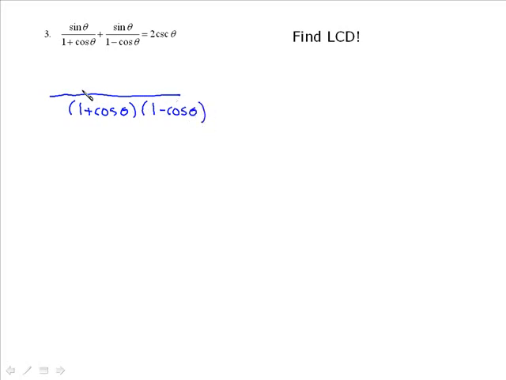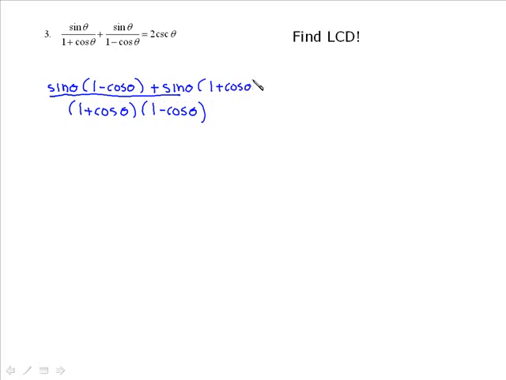Don't FOIL it out, at least not yet. You might want to do it later on, but hold off for now. On the numerator, that sine theta needs to be multiplied by 1 minus cos theta. And in the second fraction, sine theta must be multiplied by 1 plus cos theta.